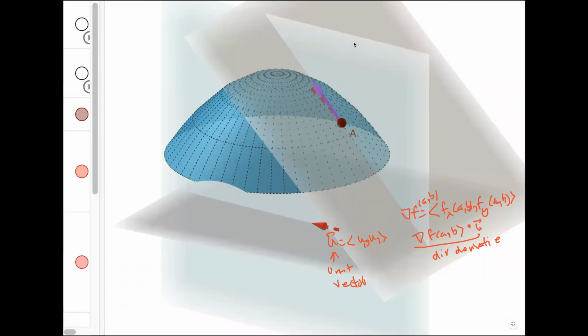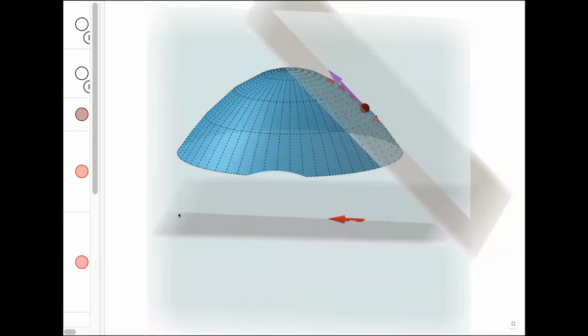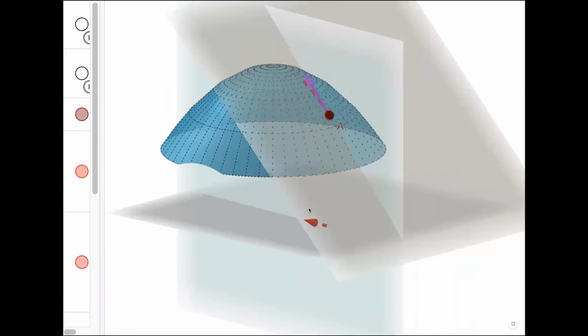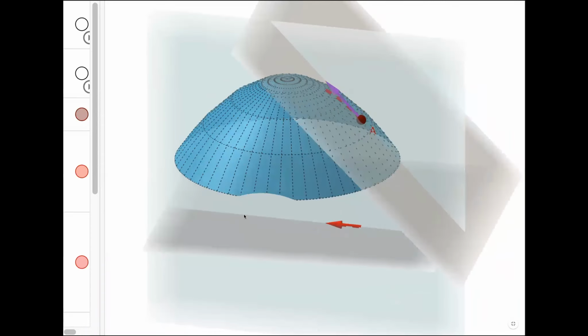So all of that is nice, and I want to show you how it looks as I change the direction. Right now you can see the gray plane is the tangent plane, and then you have a bluish plane that is crossing the surface and giving you a little bit of a curve.